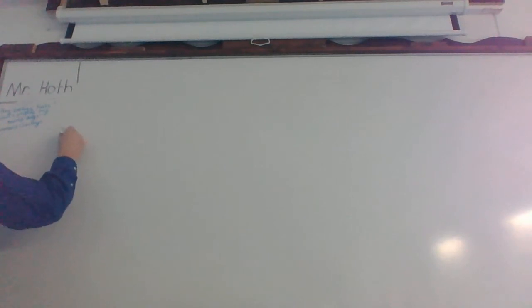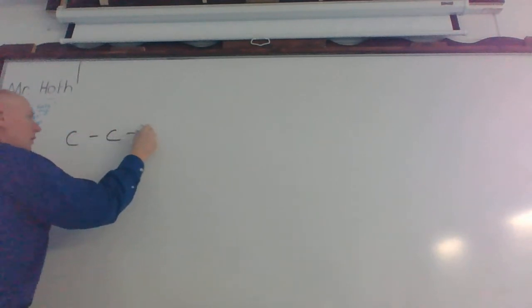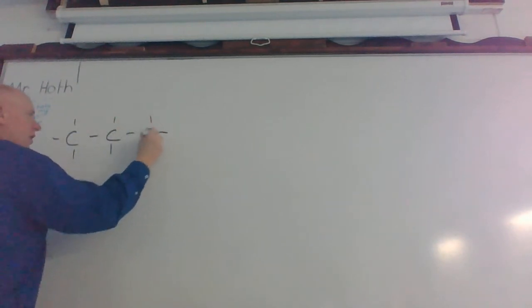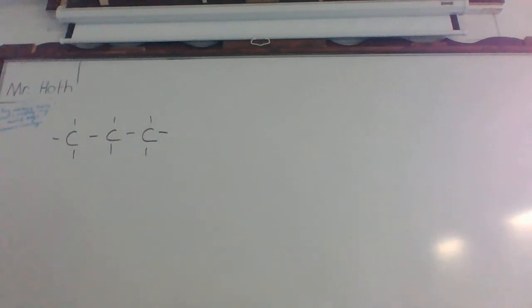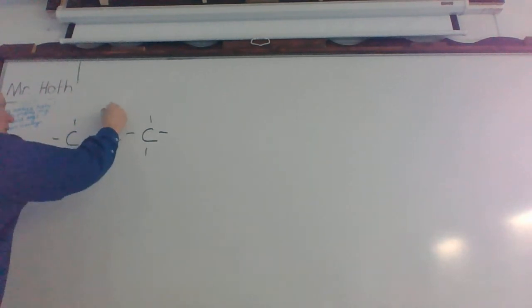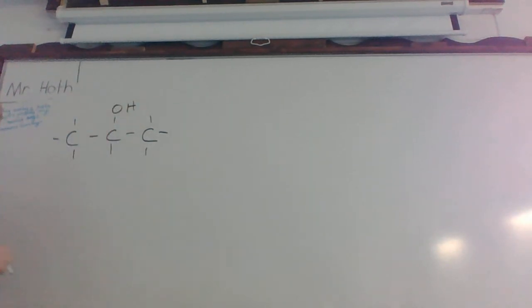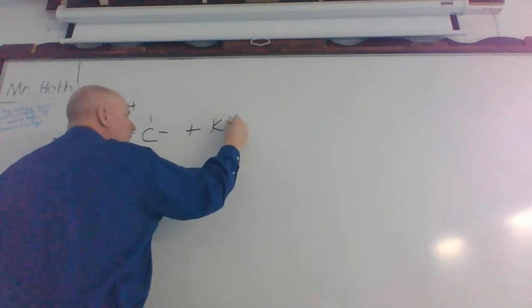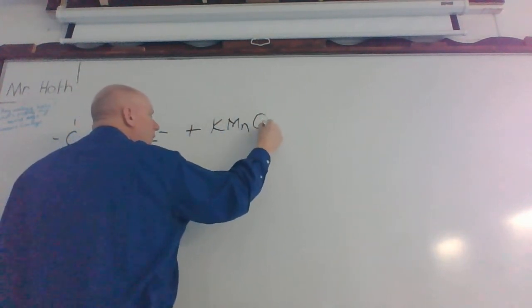So how many carbons in the chain? Okay. So if it's going to be a secondary alcohol, there's only one spot where that OH can go. Okay. So if this is going to be an oxidizing reaction, which it will be, we're going to add some KMnO4.